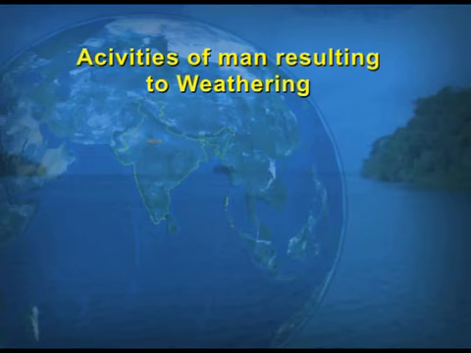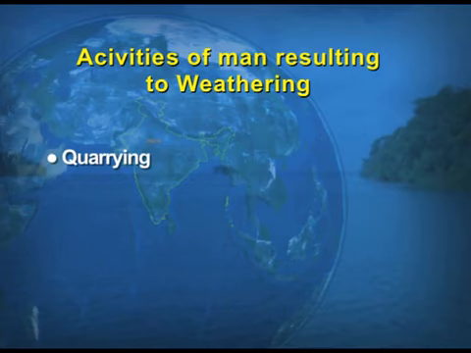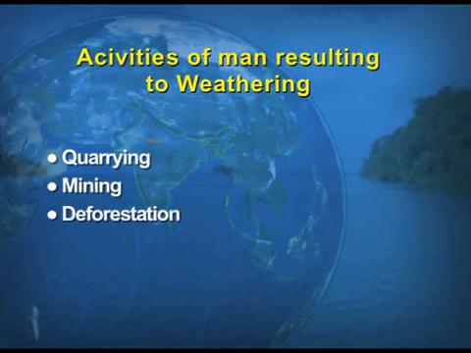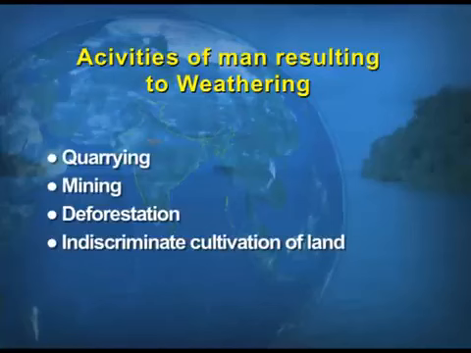Now, lastly, we take up the activities of man which result in weathering. Man is involved in quarrying. Quarrying is the mining of minerals. Second is, of course, mining. In other words, we also take up deforestation, because man is responsible for changing the environment, being fully involved in deforestation for various reasons.